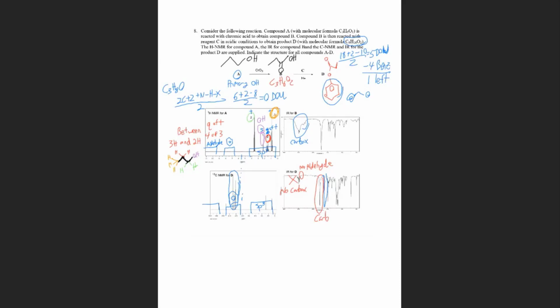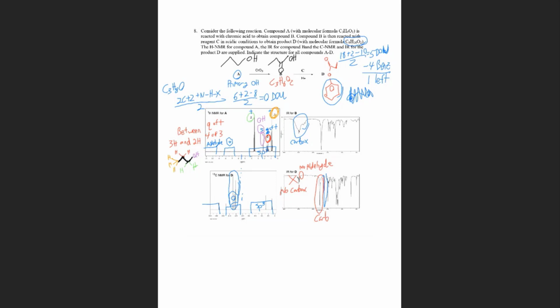So what would that make C? If that's what D looks like, what type of reaction is this, and what would that make C? So this mechanism is called Fischer esterification. And the H plus is going to activate the carbonyl, making it prone to attack.